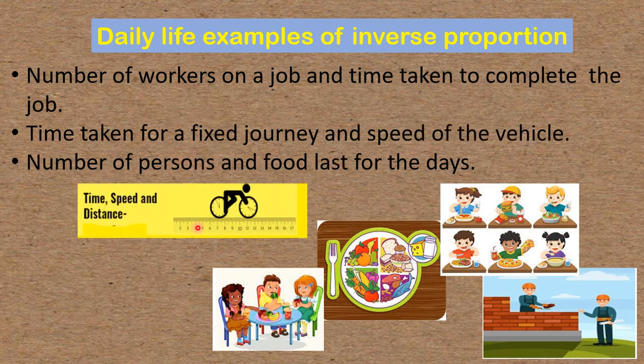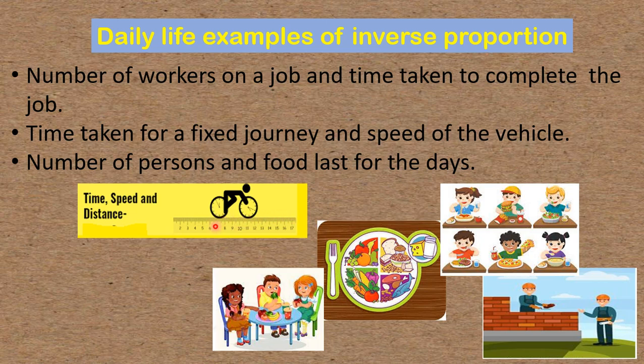Another example is time taken for a fixed journey and the speed of the vehicle. If a fixed distance has to be travelled and we start at a particular speed, we take some time to reach there, but when the speed increases, we take less time.